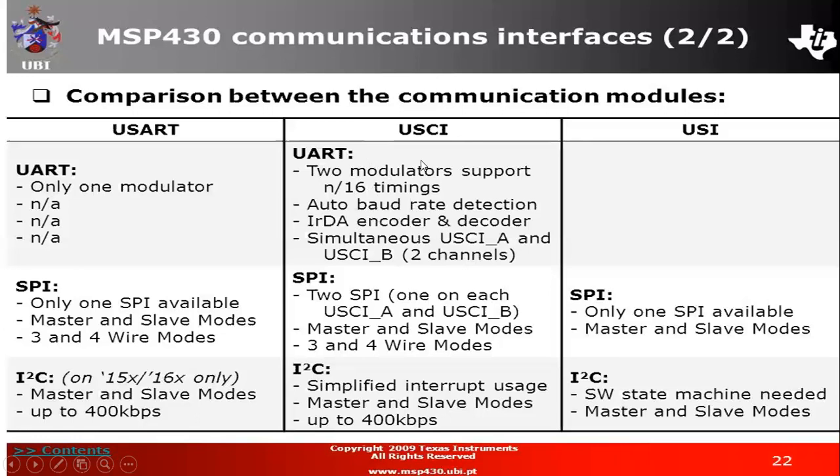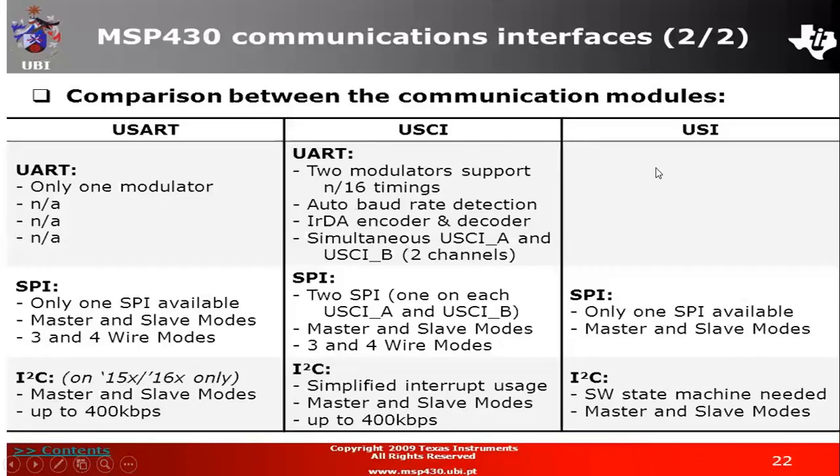So USCI has automatic baud rate detection, and it also has an infrared data association encoder and decoder. In addition, it consists of two USCI modules: one is called USCI A and the other is called USCI B. Whereas in USI, we don't have UART.